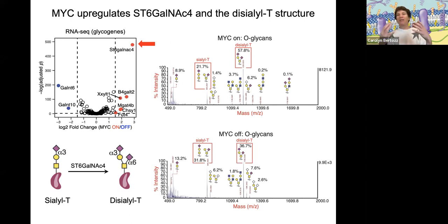And it is on mucins like CD43. And when MYC is off and MYC levels are lower, the prevalence of this disialyl T structure goes down, drops in half, and correspondingly precursors to disialyl T are enhanced in their abundance.